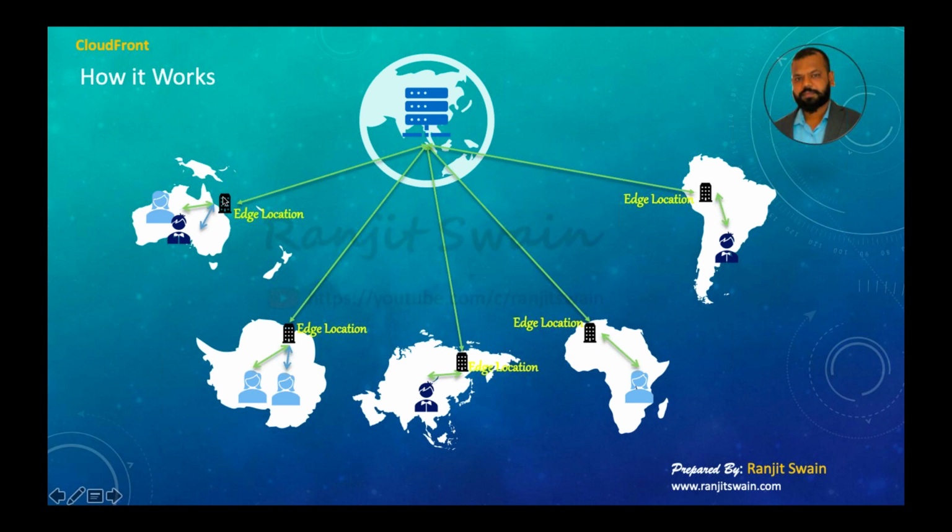Suppose you are fetching a document from S3 and you update it, that information will also be stored in the edge locations. Remember, this will be a certification question. The edge location is not only read, but we can also write to it.